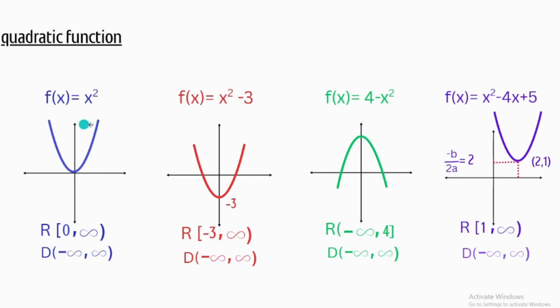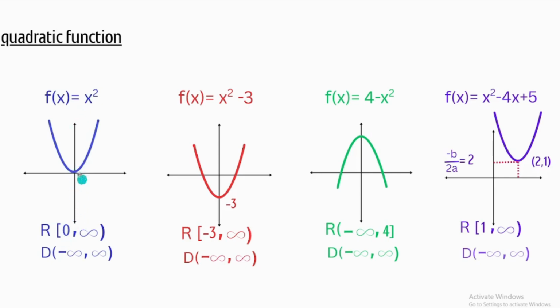So in every quadratic equation we have to get the vertex of the parabola, because we depend on it to get the range. And also, as I said before, we look at the y-axis.